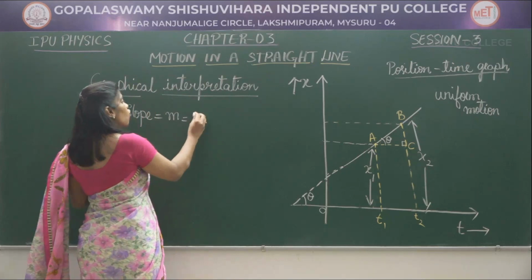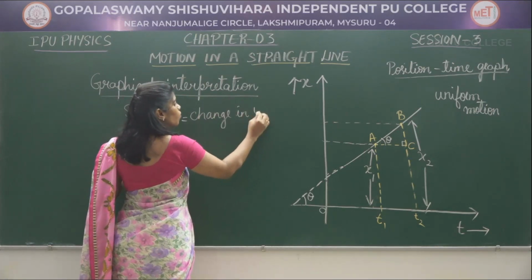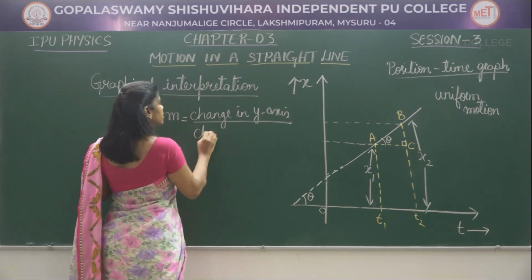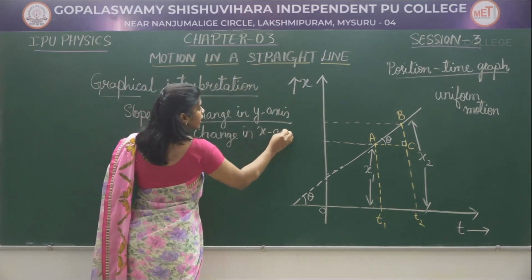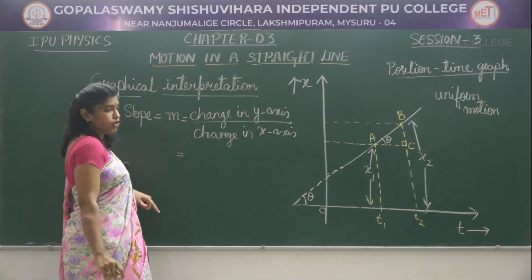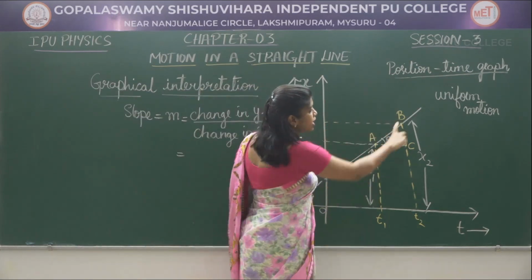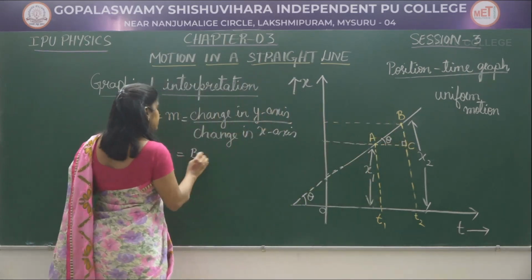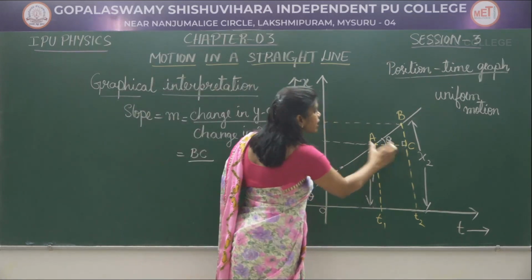Slope is the ratio of change in y-axis by the change in x-axis. So, I can write this as equal to the change in y-axis, which is BC, divided by the change in x-axis, which is AC.